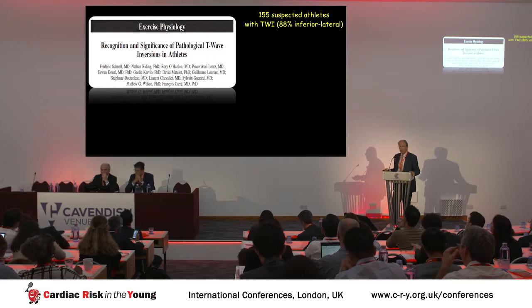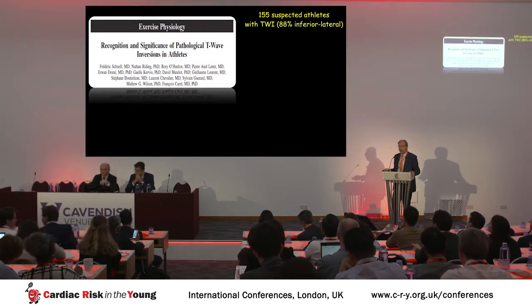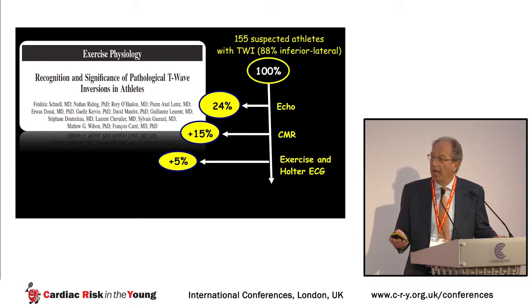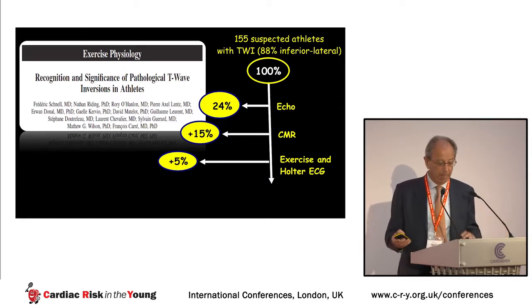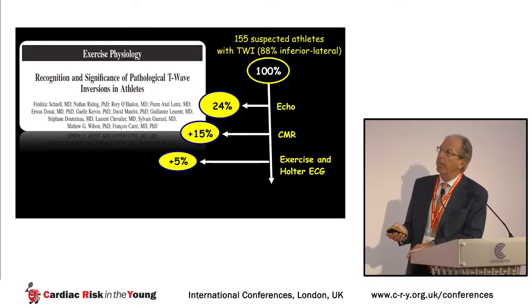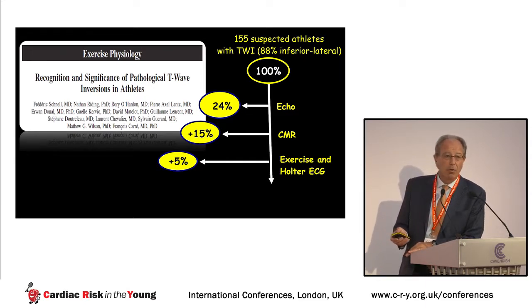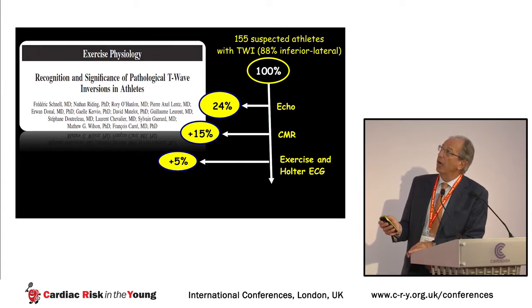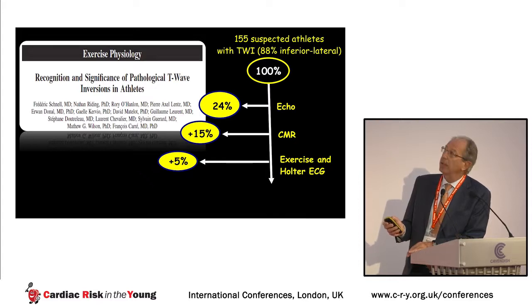How should we look for underlying cardiac disease? This is one of the Maidstone papers from Schnell suggesting that echo is not enough. Here, in a population of 155 individuals with the inverted wave, by echo they found 24% of diagnosis.